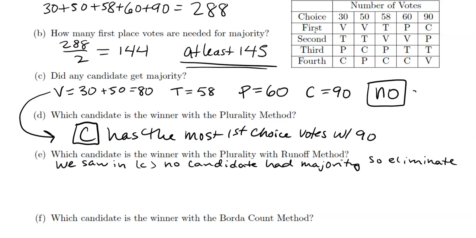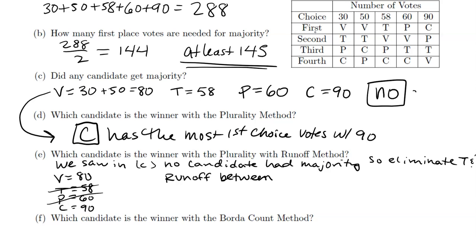Looking again, V had 80, T had 58, P had 60, and C had 90. We're going to eliminate everybody except the top 2, so we eliminate T and we eliminate P. Then we run the runoff between the top 2, V versus C.